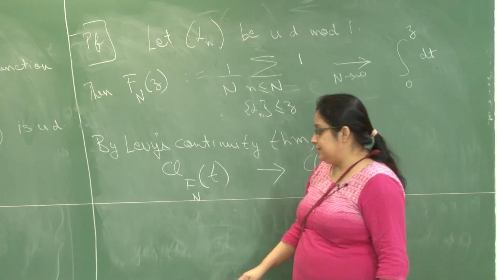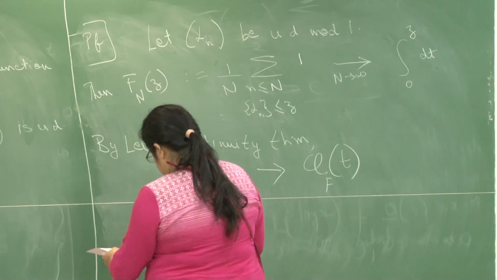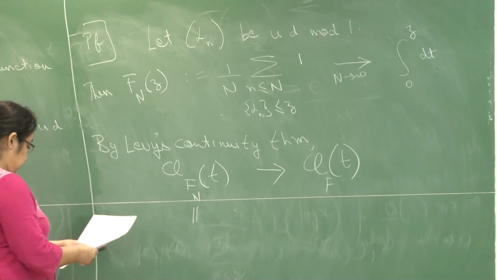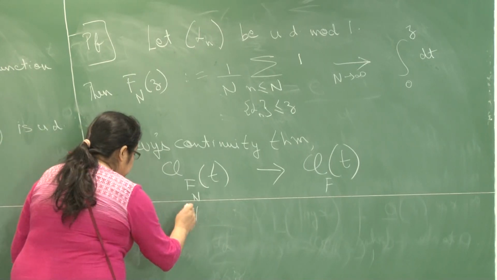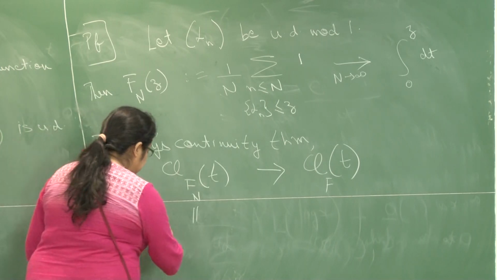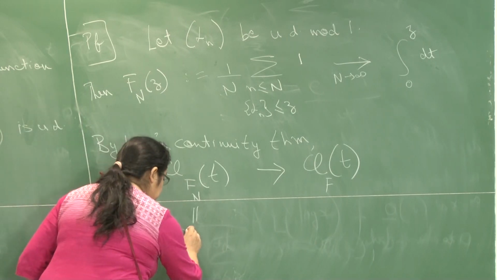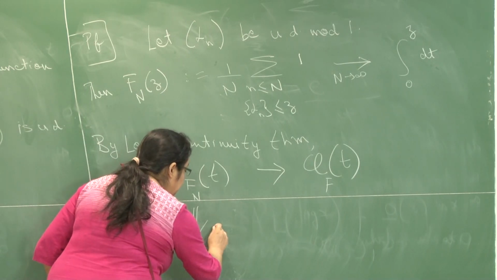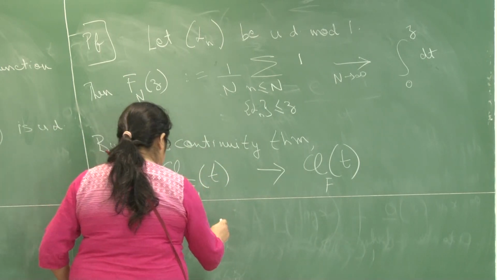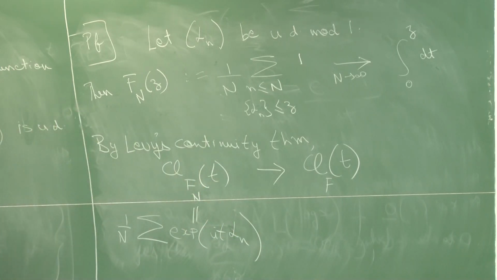So, this characteristic function is just equal to 1 by N summation of e to the i t alpha sub n.